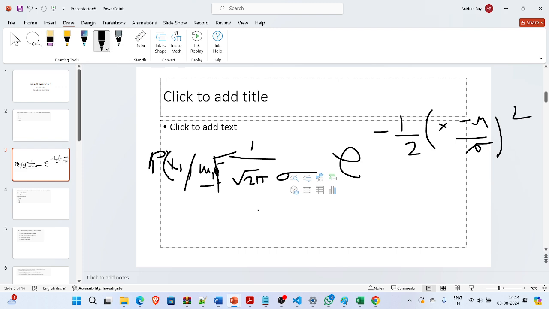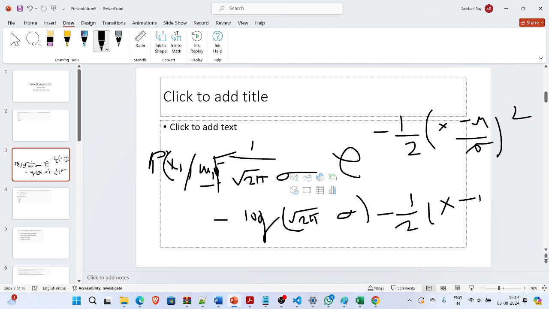So first we're taking the logarithm, so that becomes minus log under root 2 pi sigma, and minus x minus mu by sigma square.